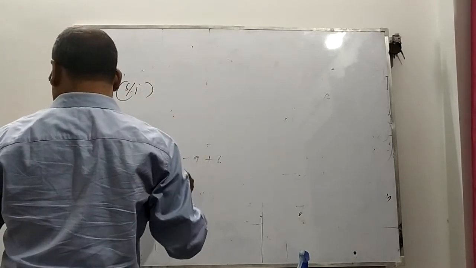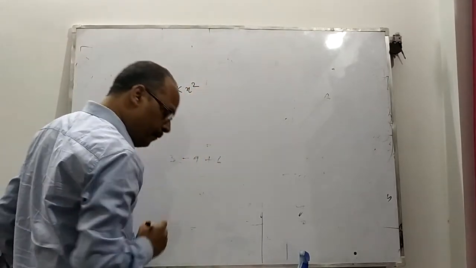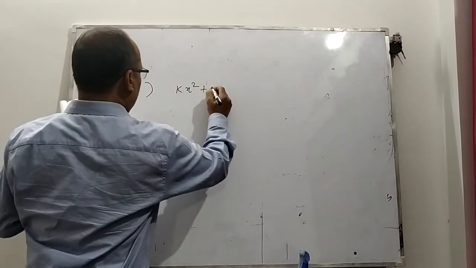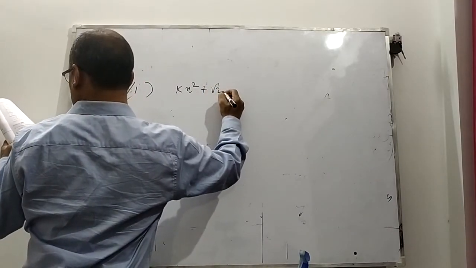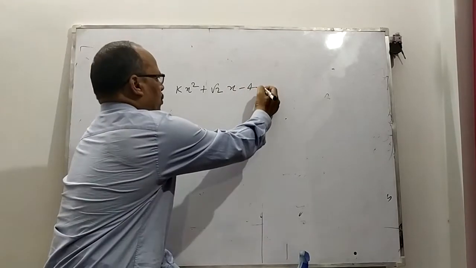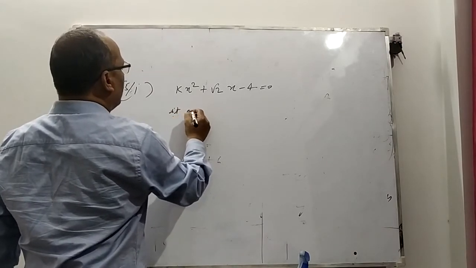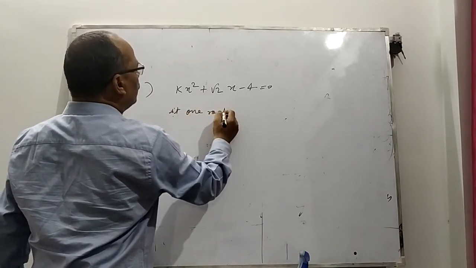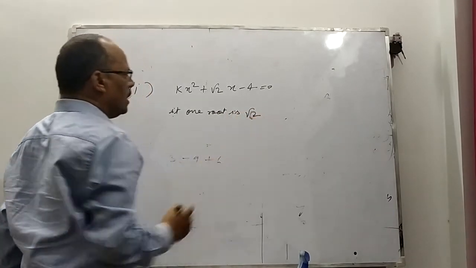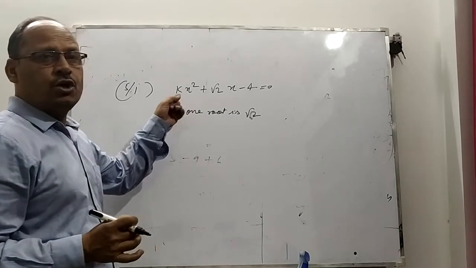If root 2 is a root of this equation, kx square plus root 2 x minus 4 equal to 0. Its one root is root 2. Root 2 means one value of x is root 2.